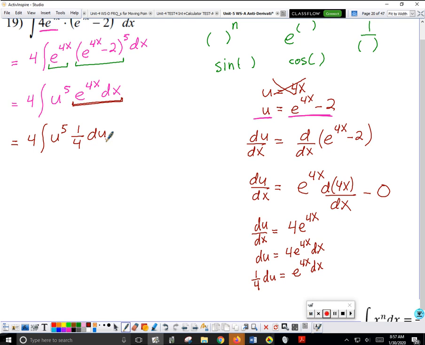Dividing by 4 is the same thing. But would you recommend writing a 1/4? Does that make it easier? I think it's easier to think of it as 1/4. I'm not saying that it necessarily is, but I do think it is easier. It doesn't really change. It's the same thing. Multiplying by 1/4 is no different than dividing by 4.